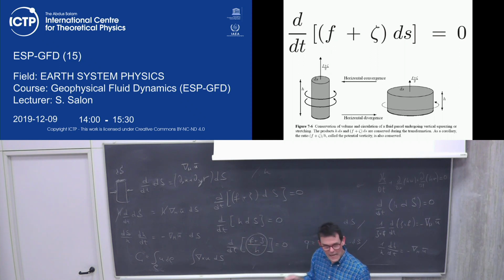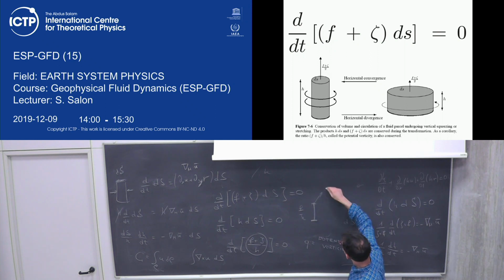Having only f over h, it means that if you want to conserve f over h, if a parcel moves to the north, f is increasing, so h should be decreasing. And if a parcel moves toward the south, f is decreasing and h is increasing.